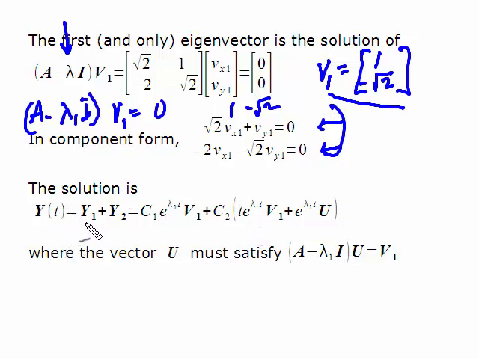So the solution is going to be y1 plus y2. y1 is some multiple of e to the lambda t times v1, here's v1, plus c2 times, we have a t now, t e to the lambda t times v1, plus e to the lambda t times u, and u has to satisfy this equation.